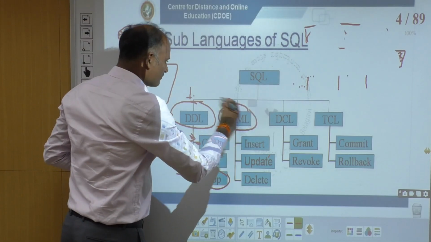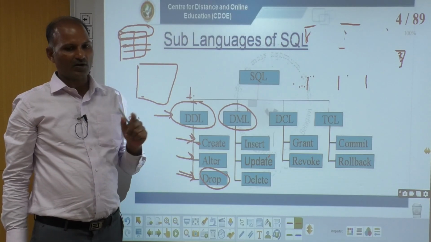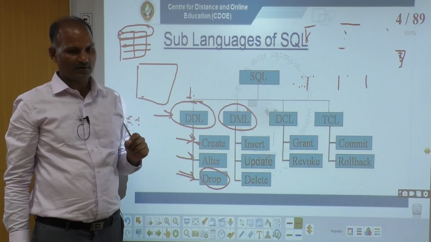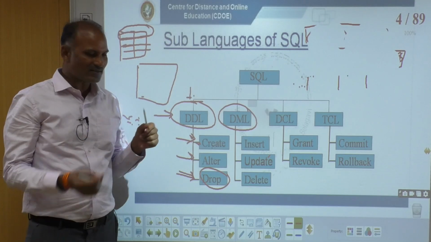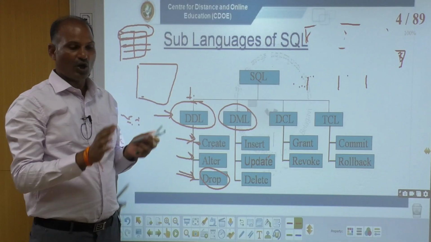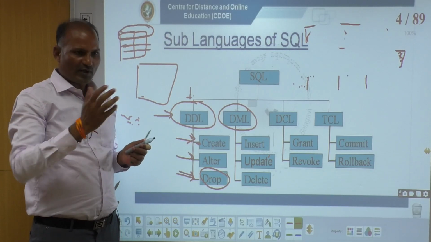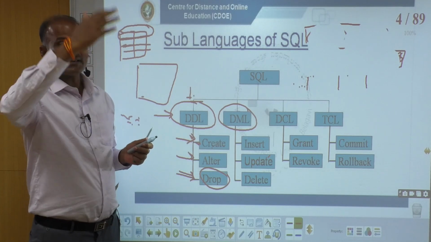The DML stands for data manipulation language, right? As the name suggests, data manipulation language means you can do processing or start interacting with the data.